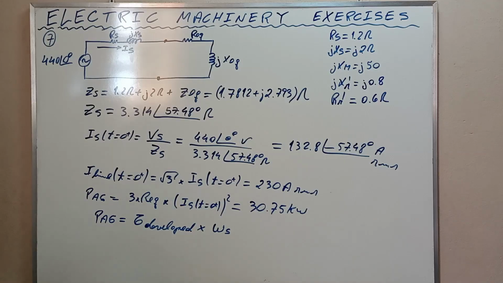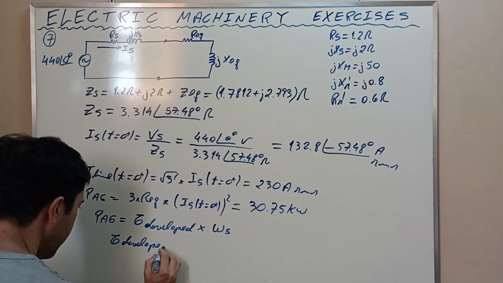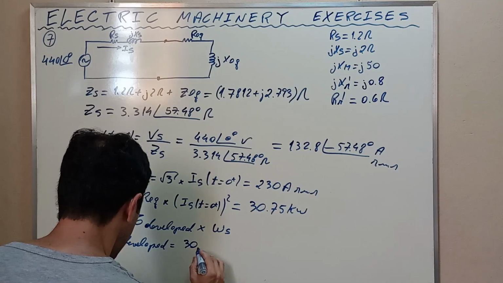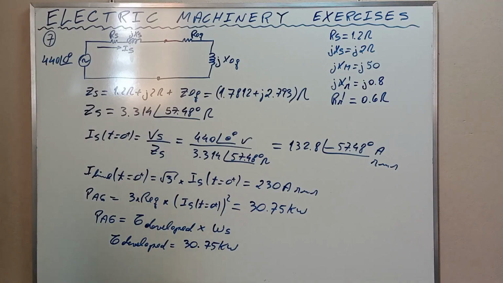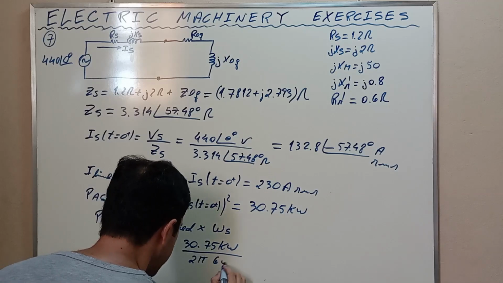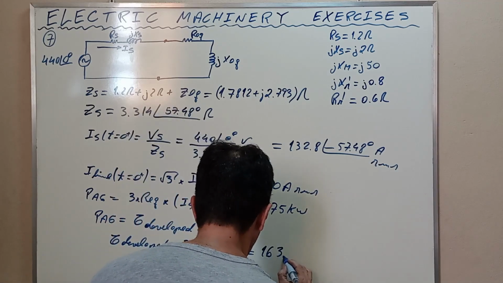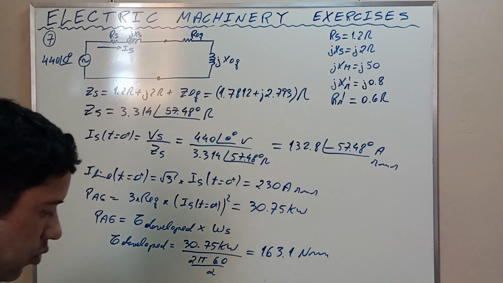And if we solve for the torque, we find that the developed torque is equal to 30.75 kilowatts, 30,750 watts, divided by 2 pi 60 divided by 2, and this is equal to 163.1 Newton meters. Okay, my friends, and this is all the exercise wanted from us.